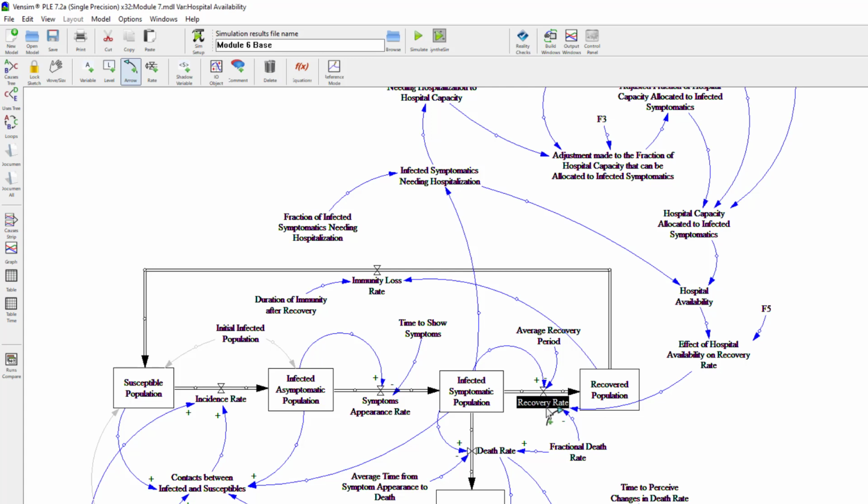Okay. And another thing that we need to think about here is we kind of have two different paths. People who needed hospitalization will be affected by hospital availability. So their recovery rate depends on hospital availability.